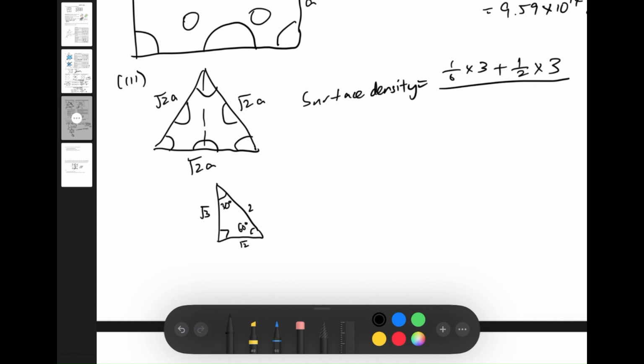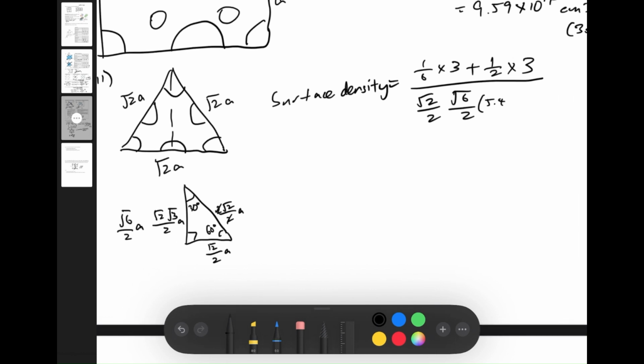So this side is root 2 over 2a. So we just multiply everything by root 2 over 2a. It's just root 2a, and then this is times root 2 over 2a. So this is root 6 over 2a. So we take root 2 over 2a times root 6 over 2 times a squared, which equals 5.43 times 10 to the power of -8 squared. And so this is equal to 7.83 times 10 to the 14 atoms per cm squared to 3 SF.